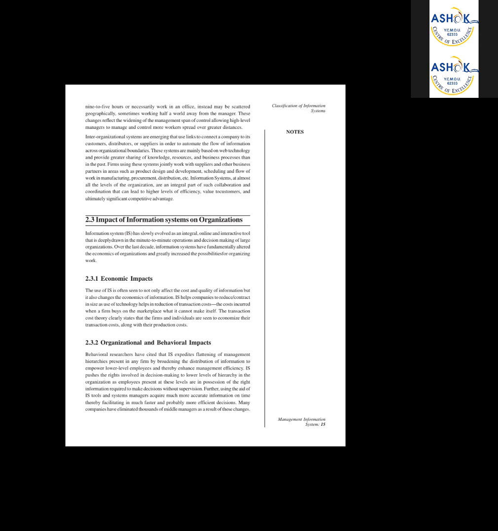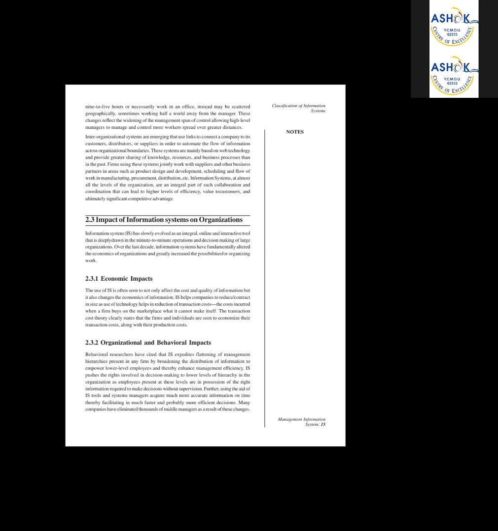The use of information systems is often seen to not only affect the cost and quality of information, but it also changes the economics of information. Information systems help companies to reduce contract size, as the use of technology helps in reduction of transaction costs.